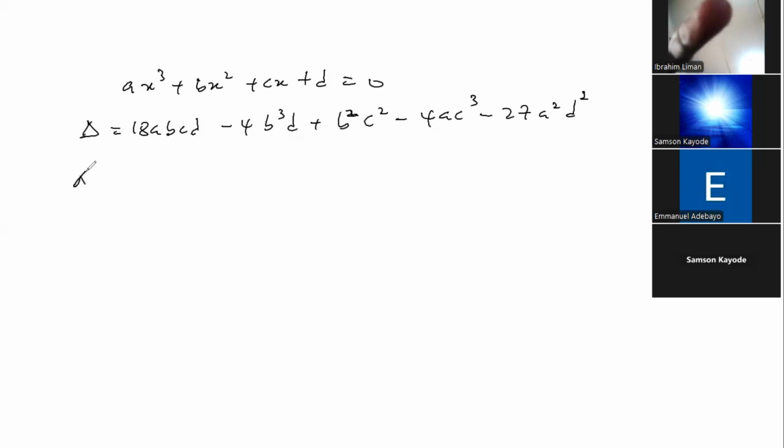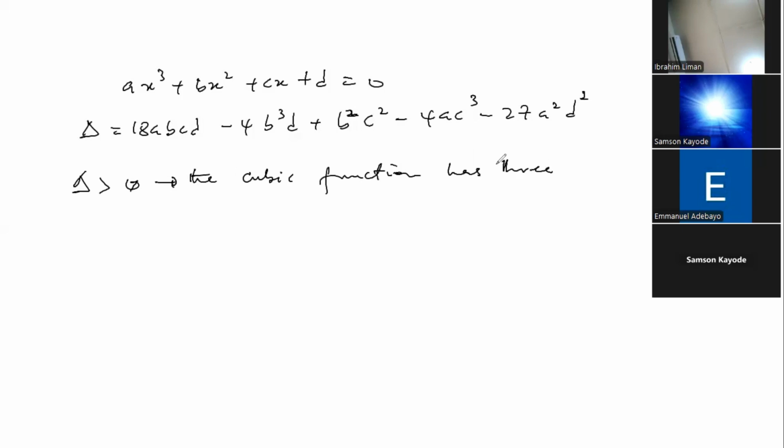And in this case, we see that when the discriminant is greater than 0, the cubic function has 3 distinct real roots.